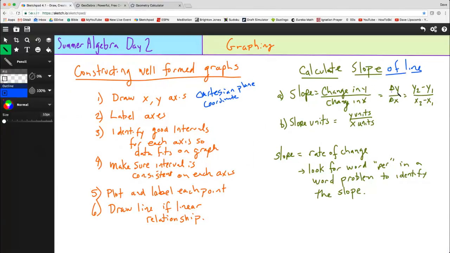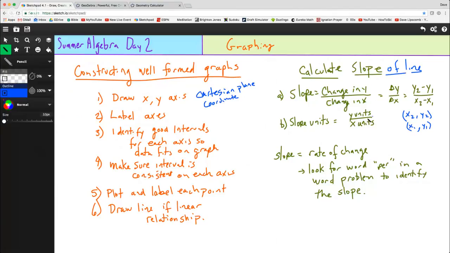We can write that as delta y over delta x, or if we have 2 points, x2 comma y2 and x1 comma y1, we can calculate the slope by taking the difference in our y's and then dividing by our difference in our x's.